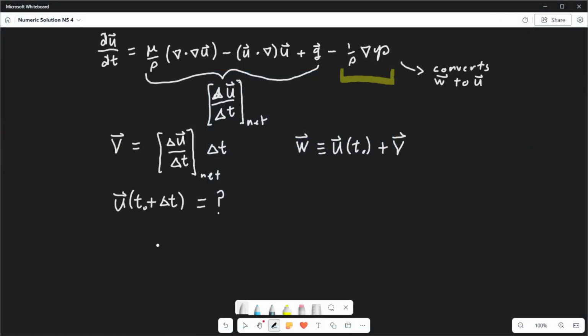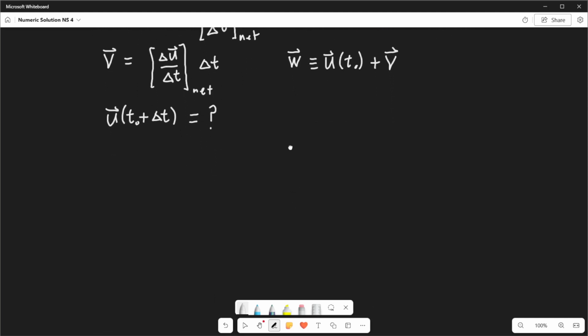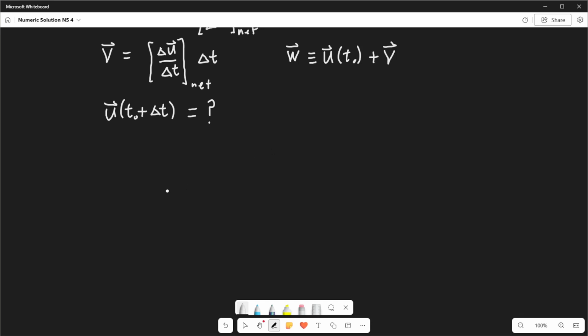To summarize this briefly: what actually is the U at the next time step? It's basically just computing the pressure field.